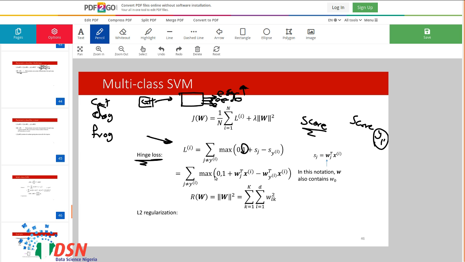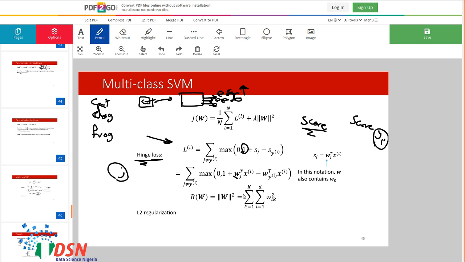We can write the Sj and Syi based on W transpose Xi, and we can think of these as the score of class j. So this is hinge loss. Now I hope that you grasp some intuition about the hinge loss.